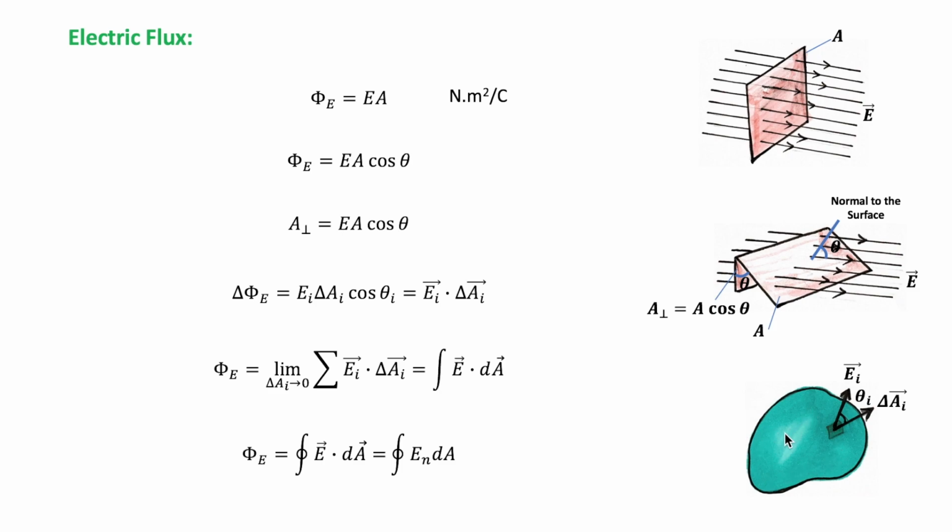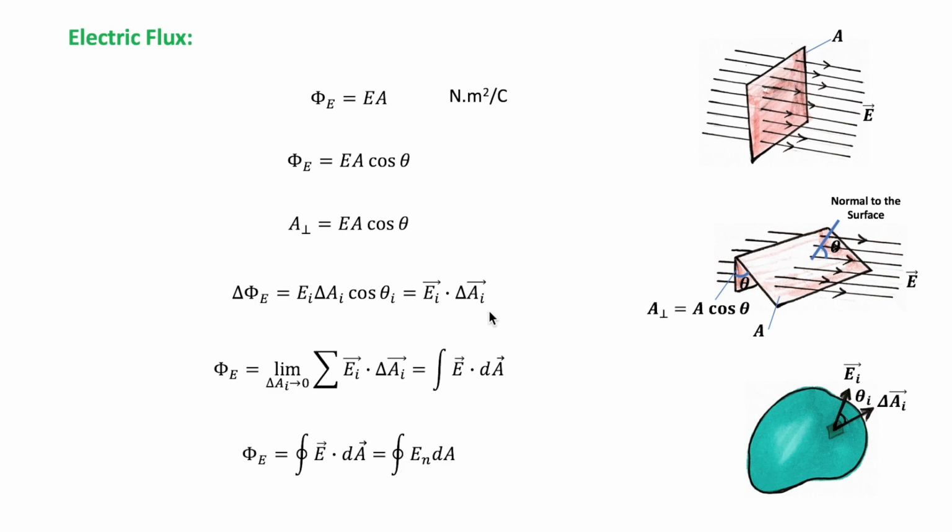And the electric flux is then given by delta phi_E is equal to this, and this is the dot product between the vector E_i and delta A_i. Okay, and if we sum over all the elements, we get the total flux through the surface.